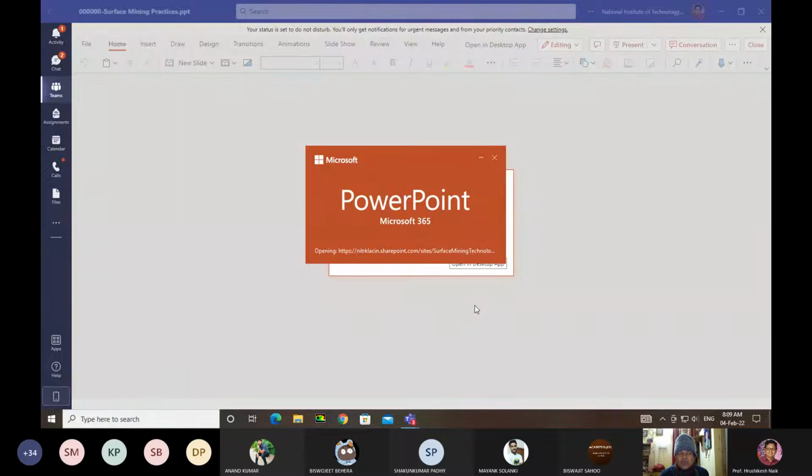And we have also discussed the different types of auxiliary equipments which are used in surface mines, like ripper dozers, road graders, front end loaders, and other auxiliary equipments used in surface mines.